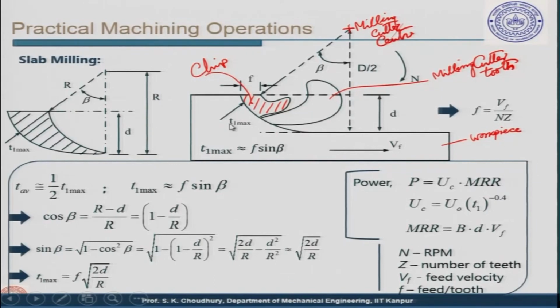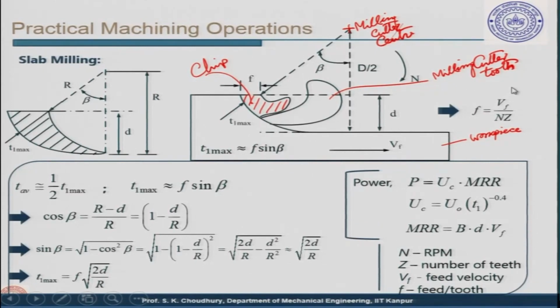In one revolution of the milling cutter, the workpiece has moved a distance which is called the feed, like I explained in case of turning. So, this is the movement of the workpiece in one revolution of the milling cutter.